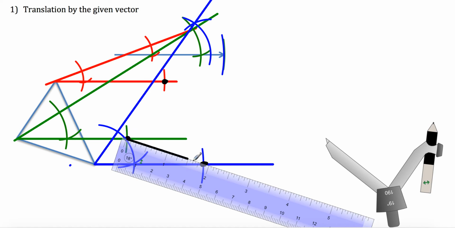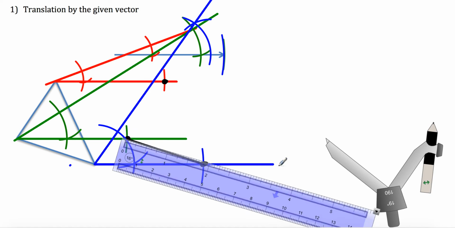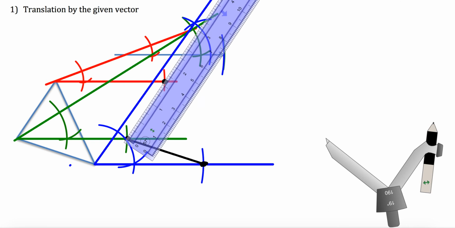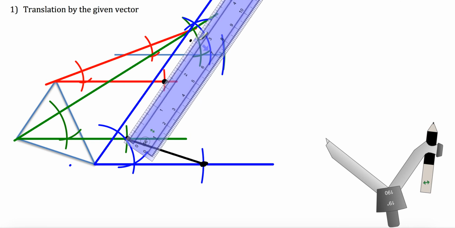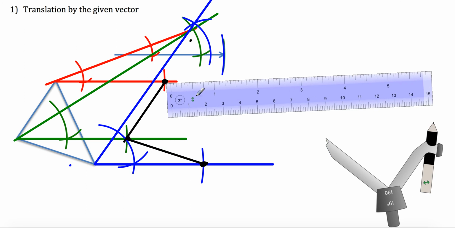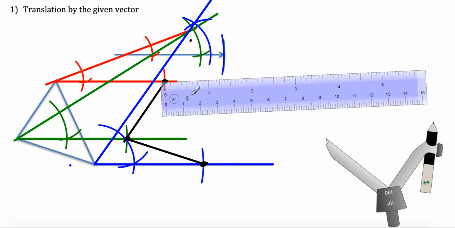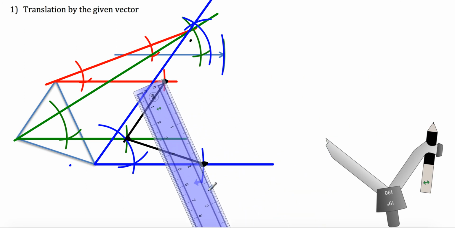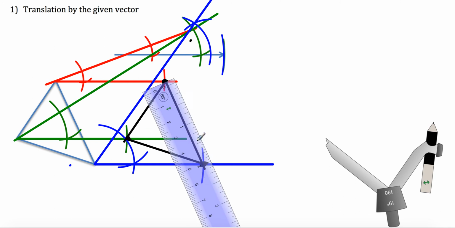Then I can connect these 3 points. There it goes.